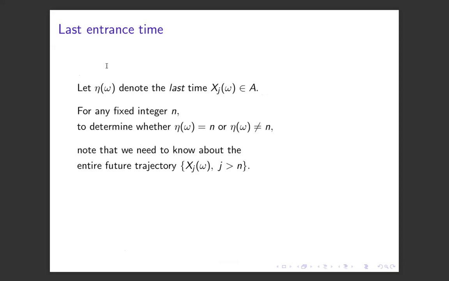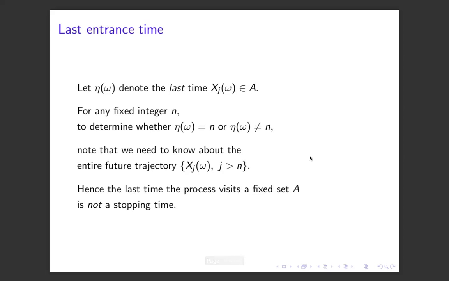Let eta of omega denote the last time X_j of omega is in A. For any fixed integer n, to determine whether eta of omega equals n or not, we need to know about the entire future trajectory, j greater than or equal to n. So the last time the process visits a fixed set A is not a stopping time.